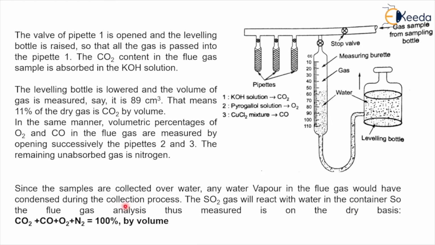Whatever is measured, CO2 plus CO plus O2 plus N2 equals 100%, because carbon dioxide, oxygen, carbon monoxide and unabsorbed nitrogen all form 100% by volume of dry flue gas.